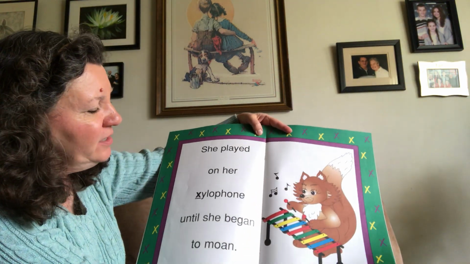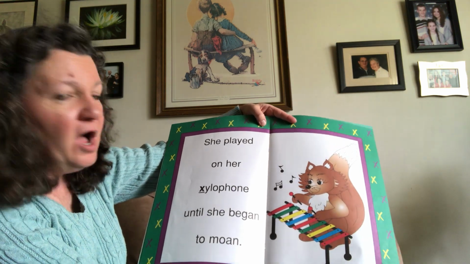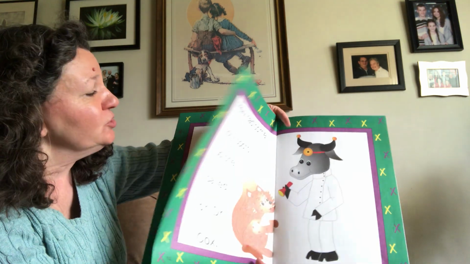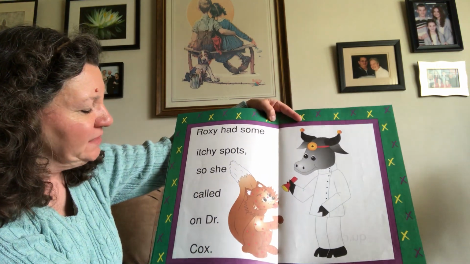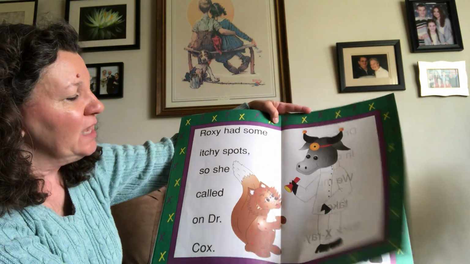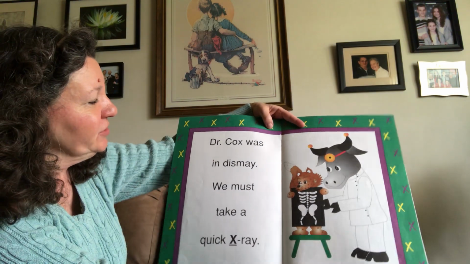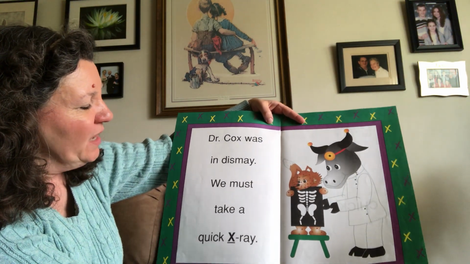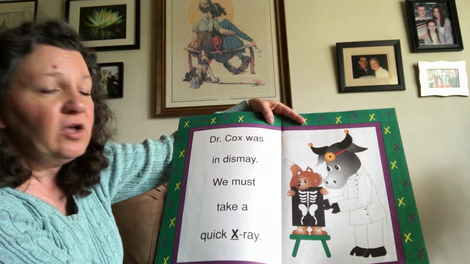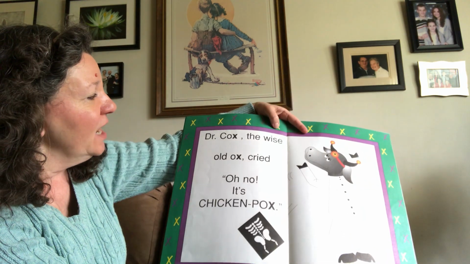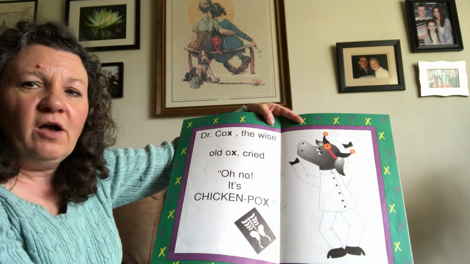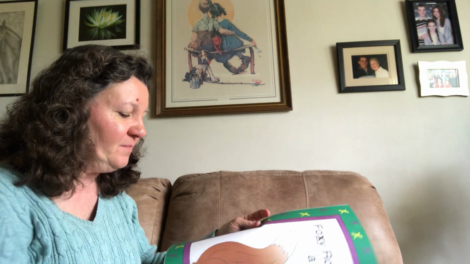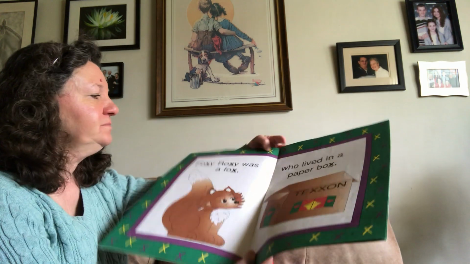She played on her xylophone until she began to moan. Roxy had some itchy spots, so she called on Dr. Cox. Dr. Cox was in dismay. We must take a quick x-ray. Dr. Cox, the wise old ox, cried, "Oh no, it's chicken pox."